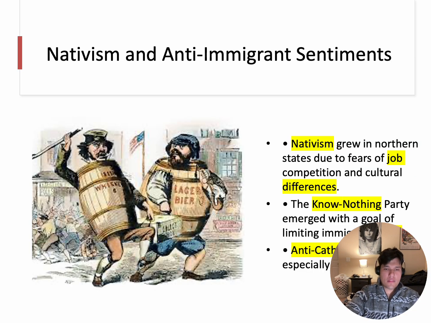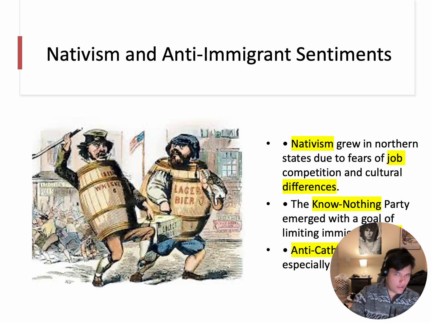In this slide, it's talking about nativism and anti-immigrant sentiments. With the increase in immigration came a rise in nativism, particularly in the North, like we just stated in the last slide. Many native-born Americans feared job competition and culture change at this time. A lot of people don't like change, and these particular people didn't want America to change.